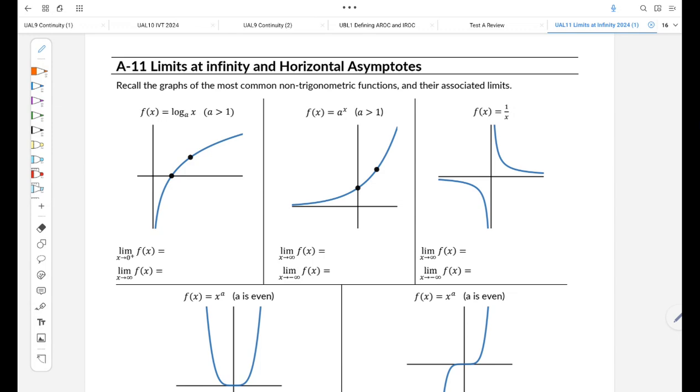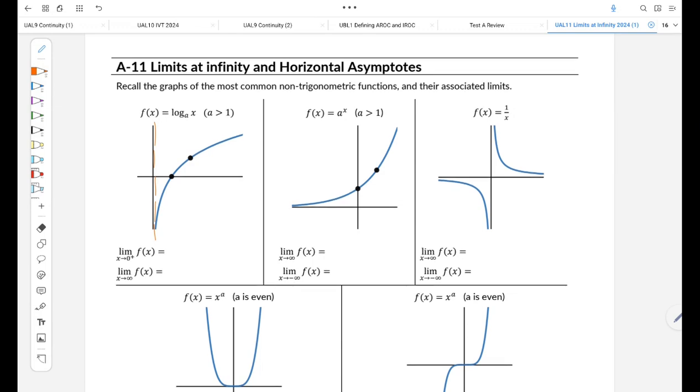What happens is you have a vertical asymptote. You can only approach zero from the right because there's no graph on the left. So the limit as x goes to zero from the right of any log is negative infinity. You have an asymptote, and that graph is shooting down into the negatives.